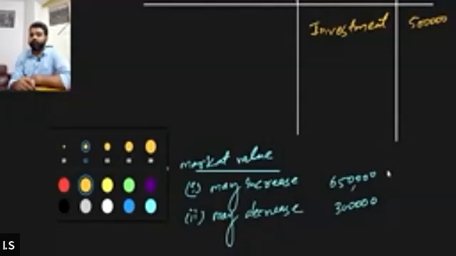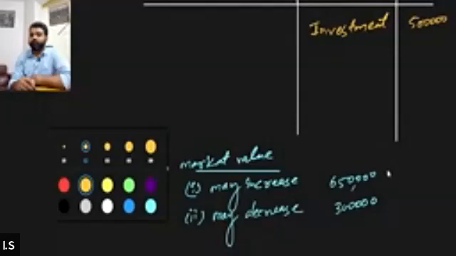So what partners do, sometimes partners make a reserve, which is called investment fluctuation reserve. Considering the market volatility, sometimes the partners decide to keep a proportion of the profit as the investment fluctuation reserve.